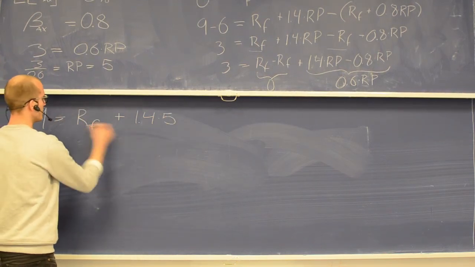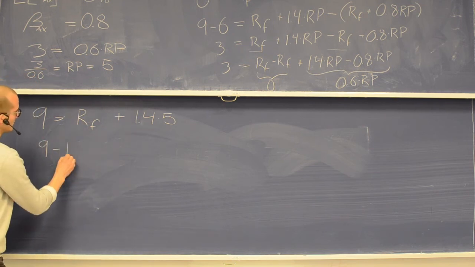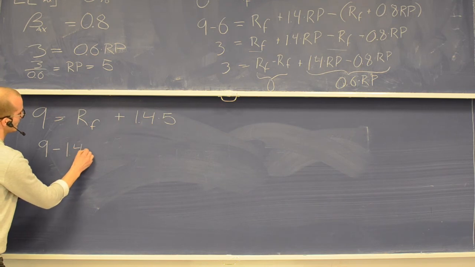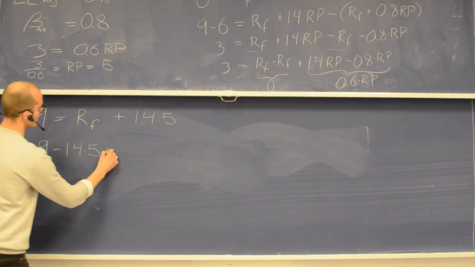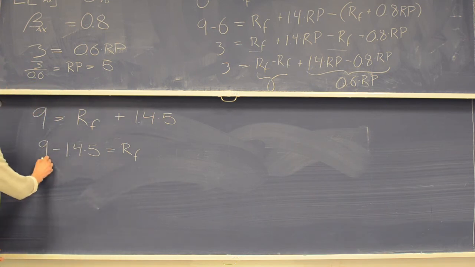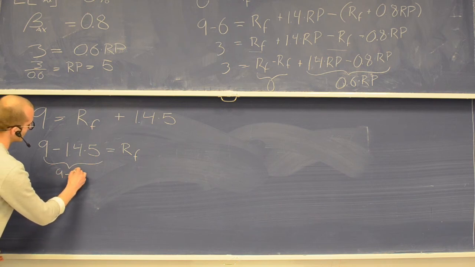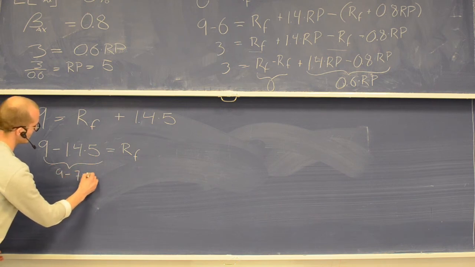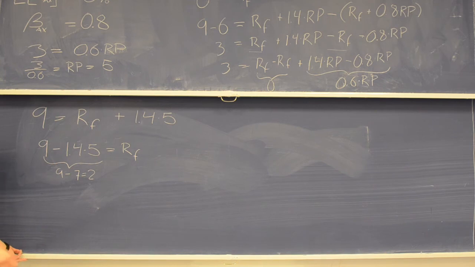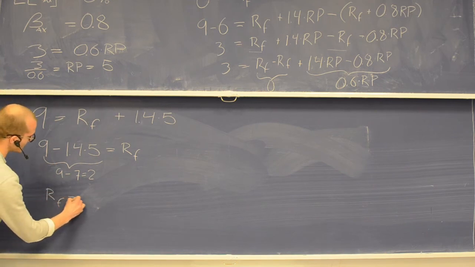We move this part over to the other side, so we have 9 minus 1.4 times 5 is equal to the risk-free rate of return. This part here is 9 minus 7, which is 2. So we know that the risk-free rate of return is equal to 2.